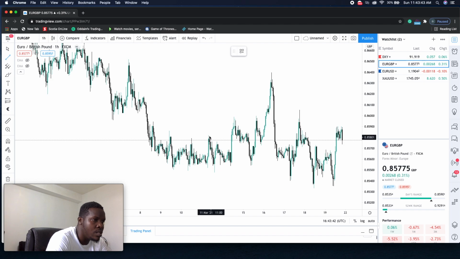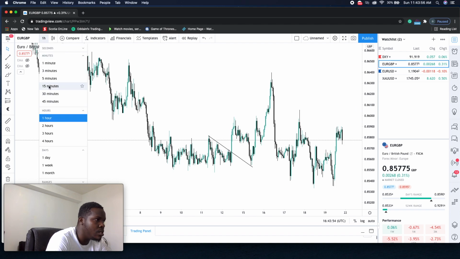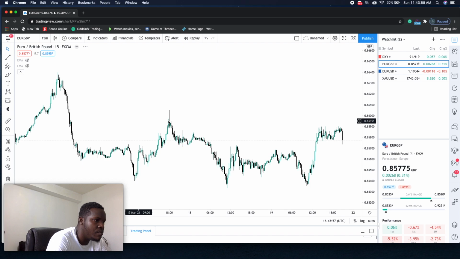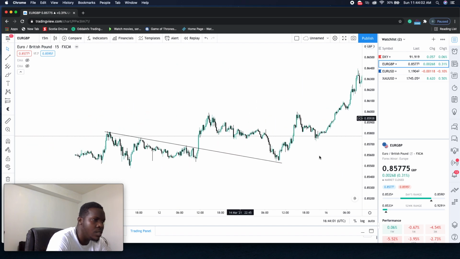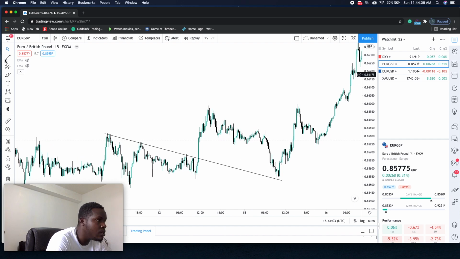Last week we had a nice descending trend line here. My prediction was that the market was going to push from here all the way down here. So we pretty much caught this move. Let me go down to the 15 minutes time frame. Yeah, so this was the sell that we caught.